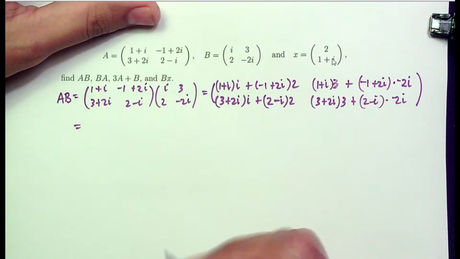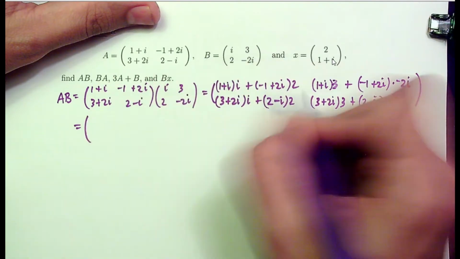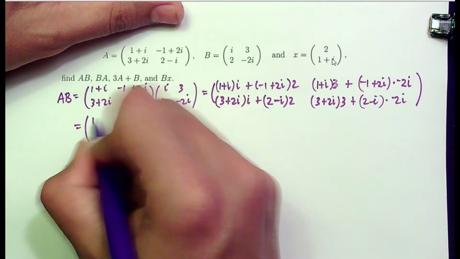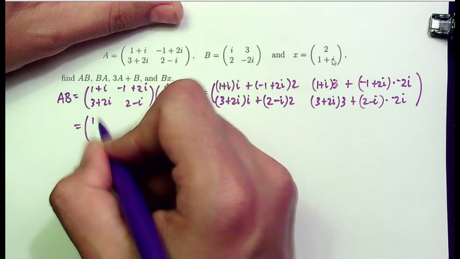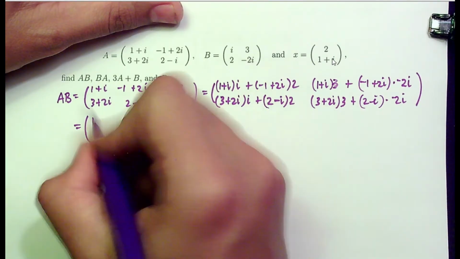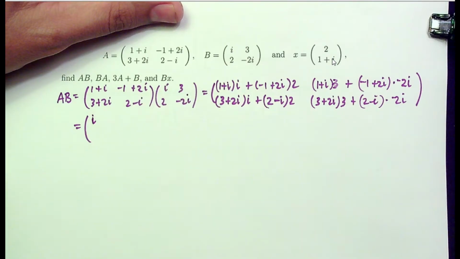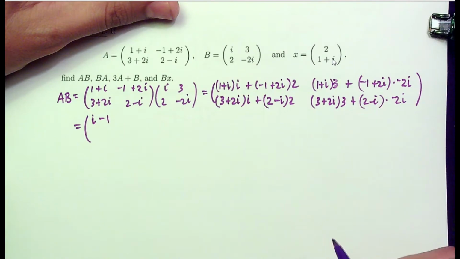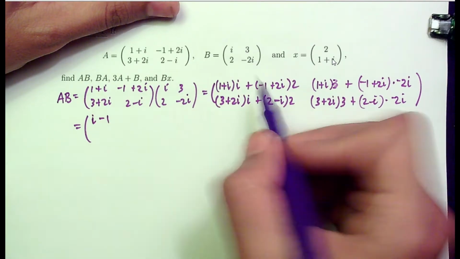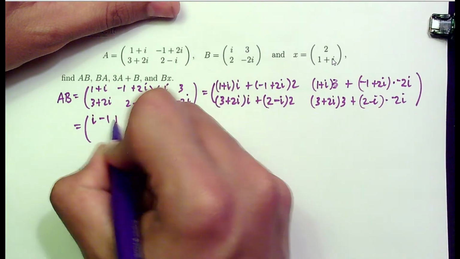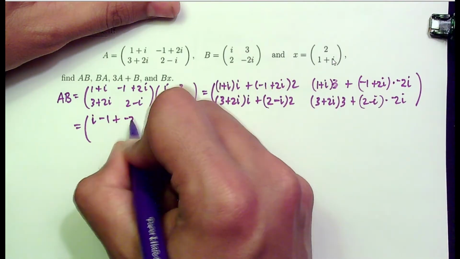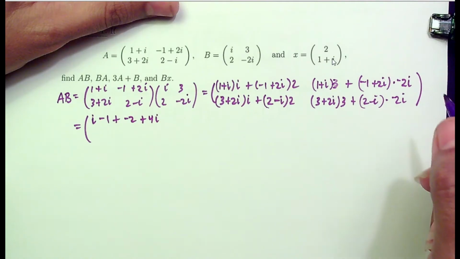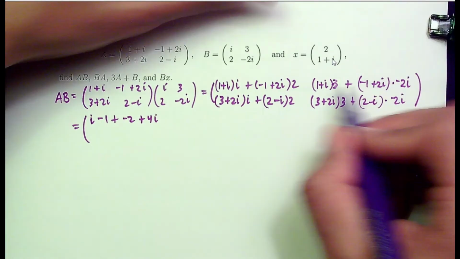Okay, now we just distribute these things. Distributing in here, you would have i plus i squared, but i squared is negative 1, so plus negative 1. And then distributing in here, this will be plus negative 2 plus 4i. Now let's do this one.